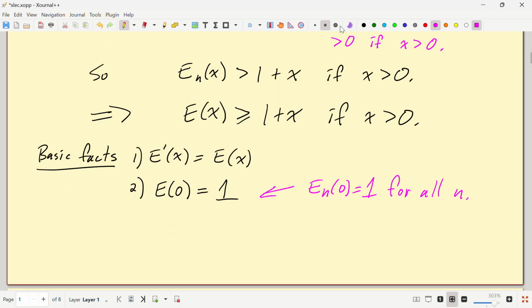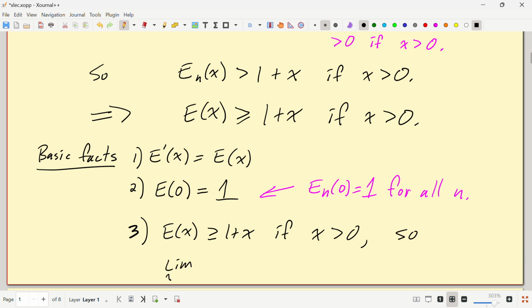And I guess the third one here is that I have E of x is bigger than or equal to 1 plus x if x is bigger than 0. So the limit as x goes to infinity of E of x is plus infinity.